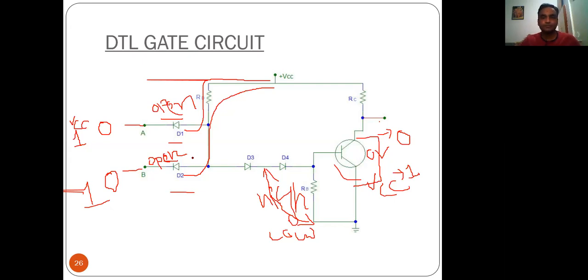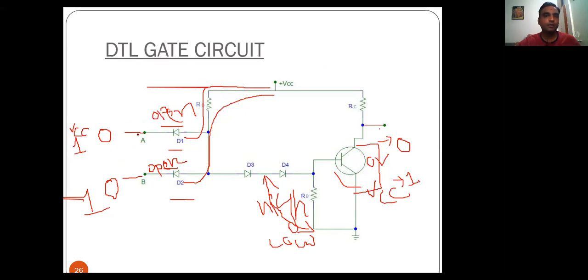So let us start analyzing the first combination, whenever my inputs are 0 0. I have to analyze this circuit and find when the transistor will be on.